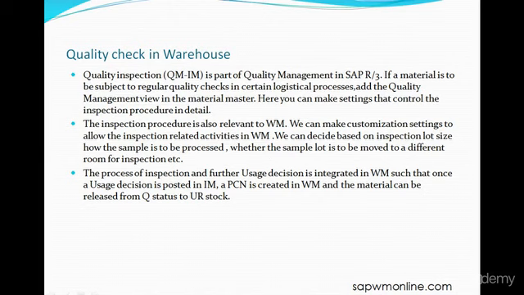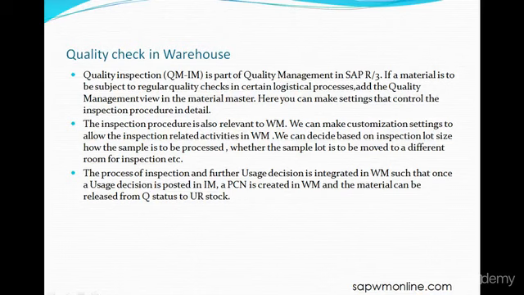The attributes could be physical attributes like color or conformance to certain specifications and so on. So we set up an inspection procedure with which we methodically elaborate on what all to check, how to check, what are the attributes, and all that stuff.